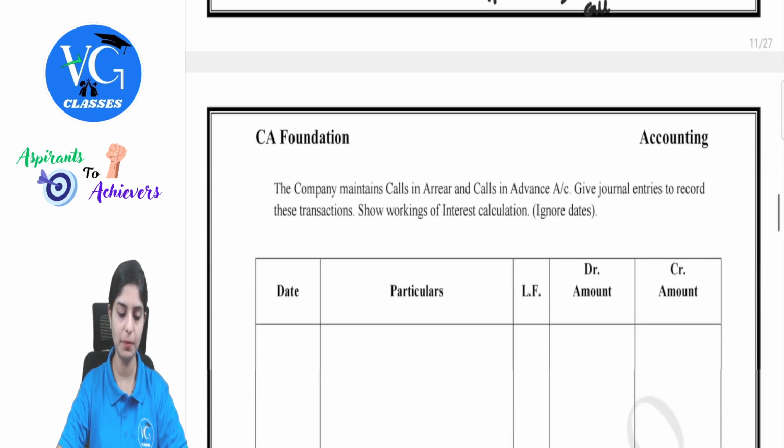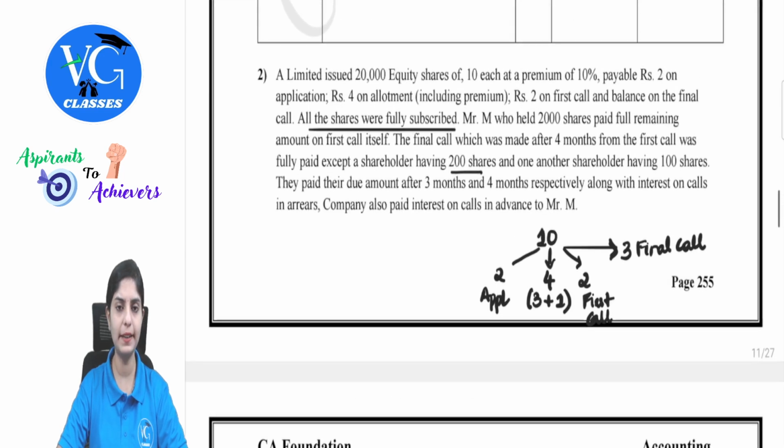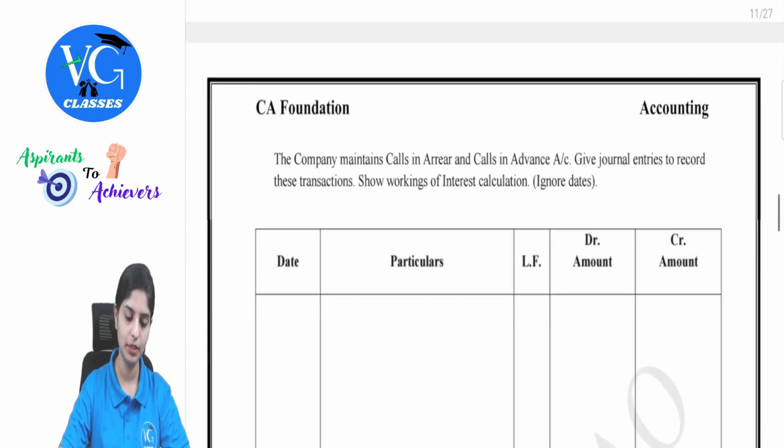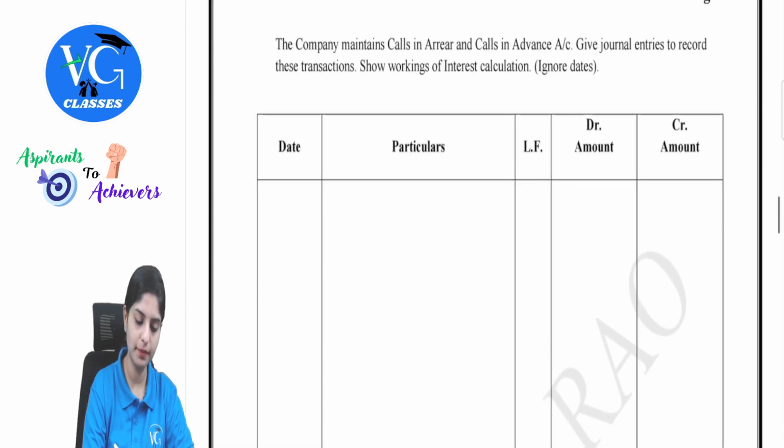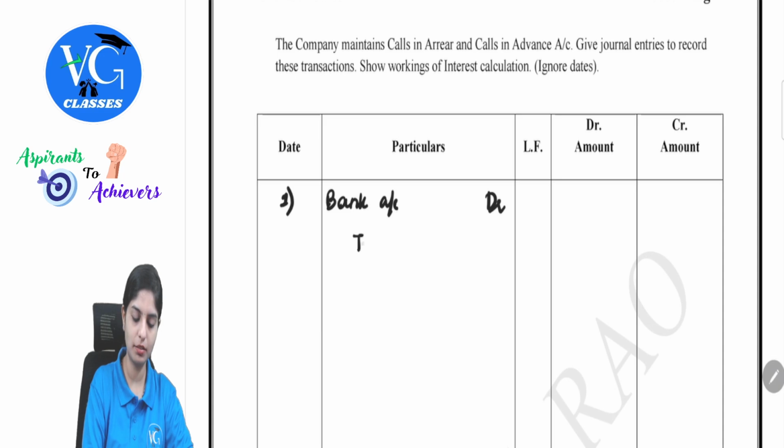Let's begin the question. So first normal entries, receipt of application money. So what will be the first entry? Share application money received. So bank account debit to equity share application. There are no dates mentioned. Bank account debit to equity share application.